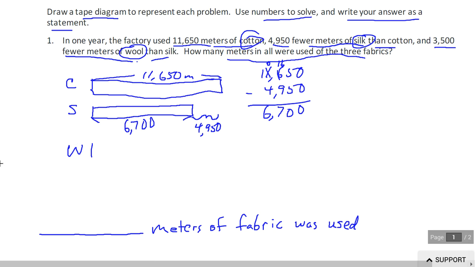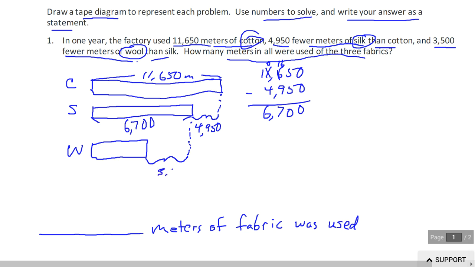Because it's less than silk. Silk is 6,700, but now we need to figure out what the amount less is. So that's this amount here. If I drew a dotted line, it'd be down to here.